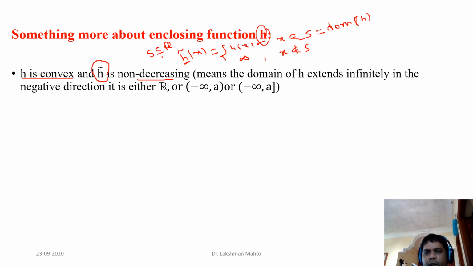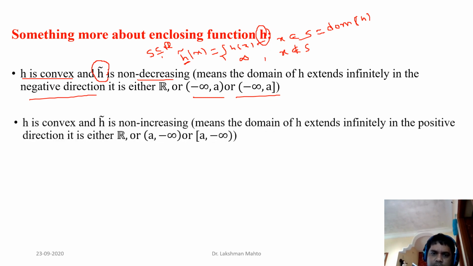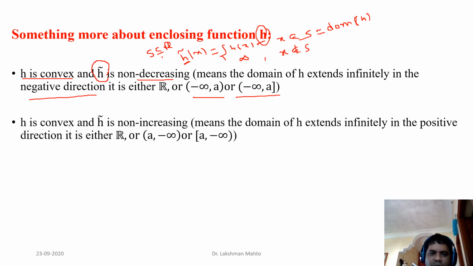So that is the criterion: H is convex and the extension of H is non-decreasing. What does it mean? That the domain of H extends infinitely in the negative direction. That means the domain will proceed this way.